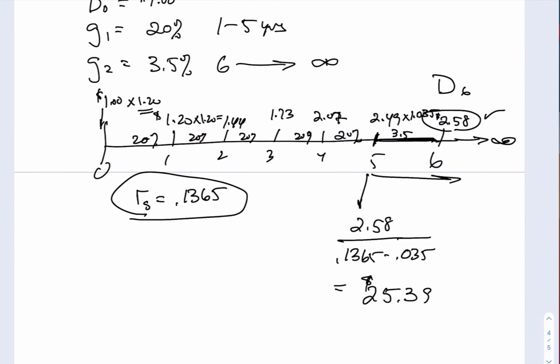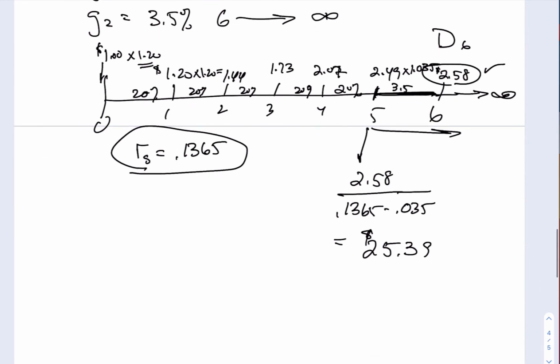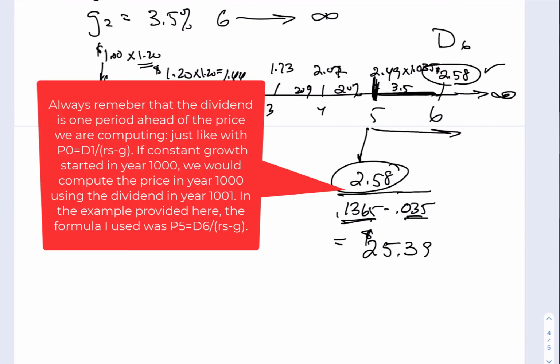It's sometimes called a terminal value or sometimes called a horizon value. So what we're doing here is we're starting in year 6 right here. And we know starting in year 6 that the growth rate is 3.5% forever. The discount rate is going to be stuck at 13.65%. We know what the dividend is next period, and we calculate this is the price in year 5.